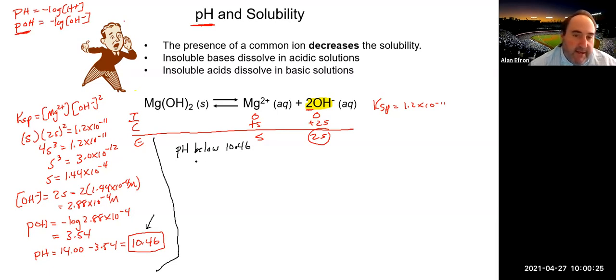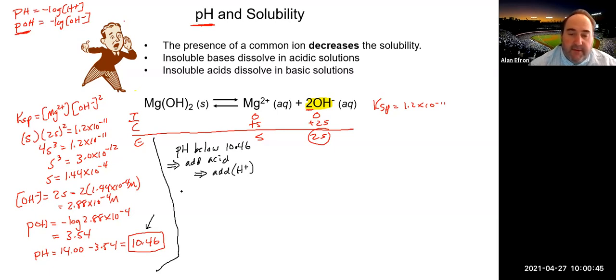What would I have to do to do that? That means I probably would need to add some acid. And when I would add some acid, what I'm really adding is H plus.